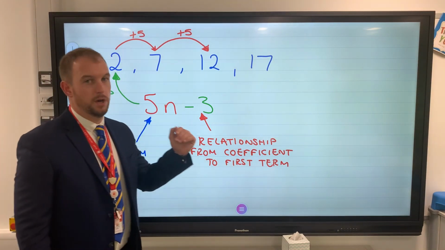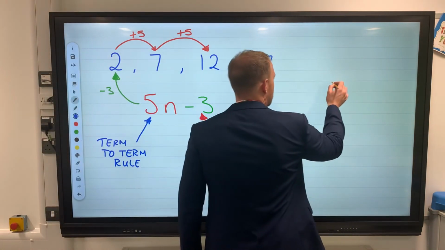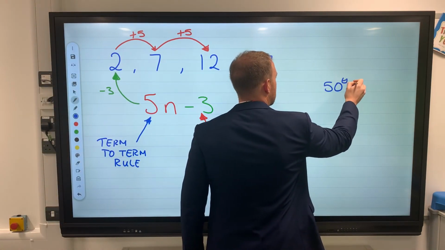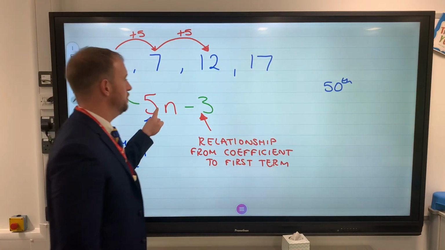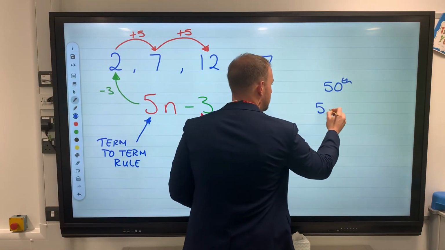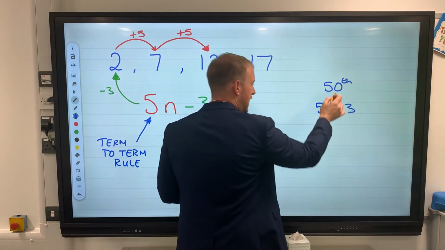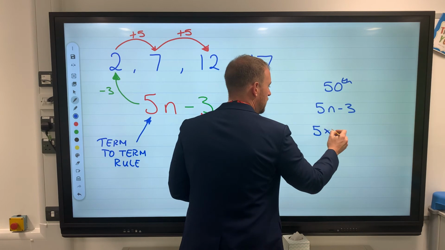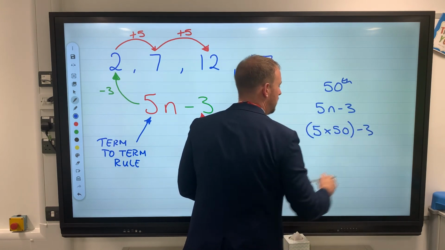If I wanted to work out the 50th term, so our 50th number of the sequence, I would use substitution. The nth term is 5n take away 3. Substitution, if the n is 50, that means we have 5 times 50 take away 3.